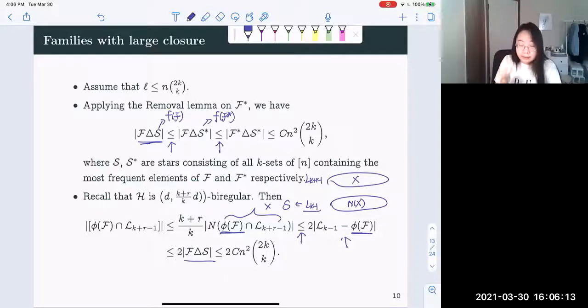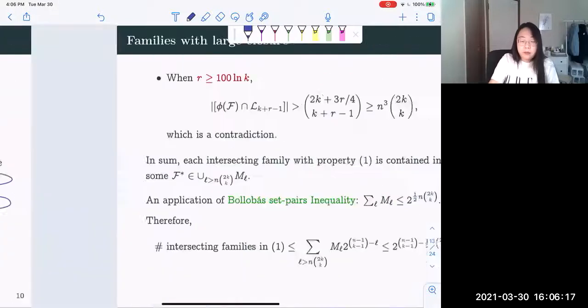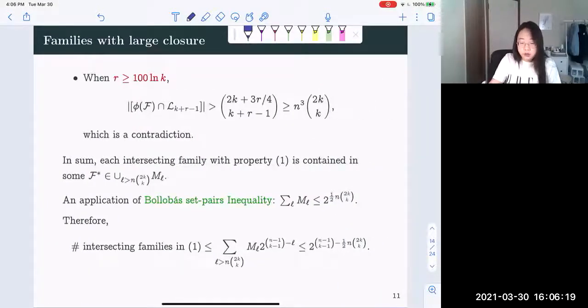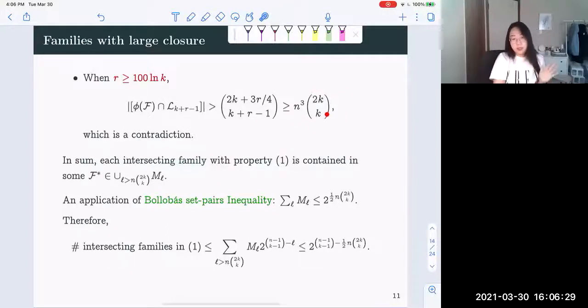So now we get the upper bound on the size of the closure. But remember, in our assumption, we said this closure should be large, at least this many. And when R is at least 100 log K, this number is actually greater than the upper bound we just got from the previous step, much larger. So this is a contradiction.